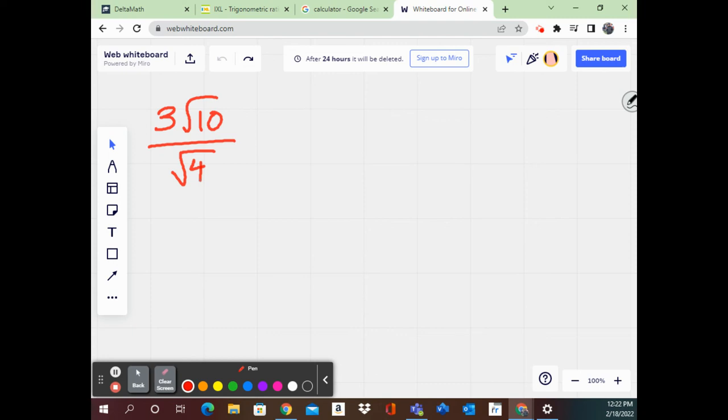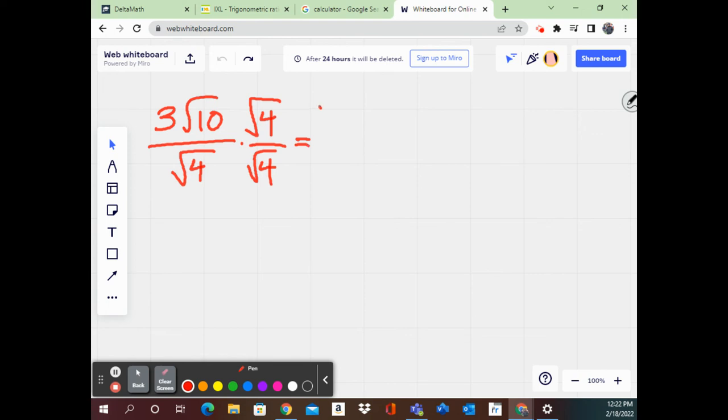So the only way to get rid of it is to multiply by square root of 4, right? And the reason we do this is because square root of 4 divided by square root of 4 is 1. So it's just a technique we use to get rid of that radical in the denominator without really altering the fraction.